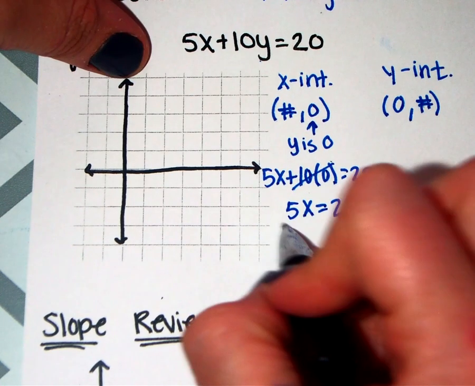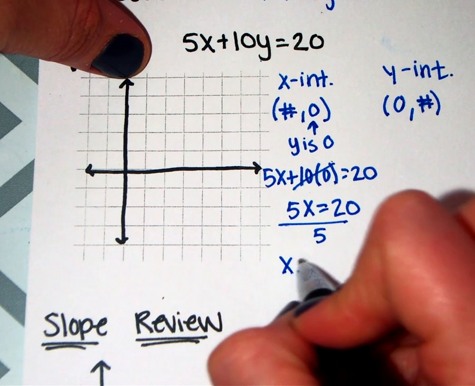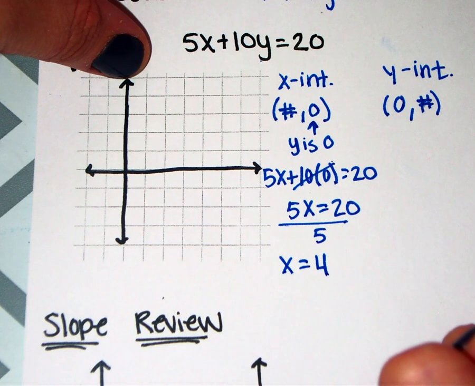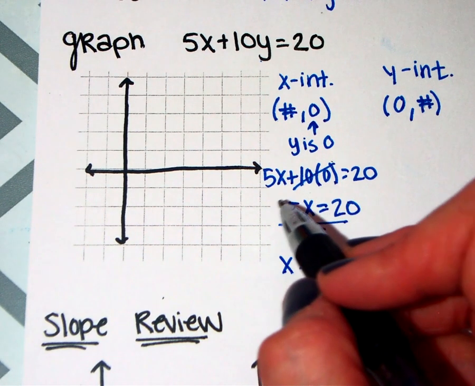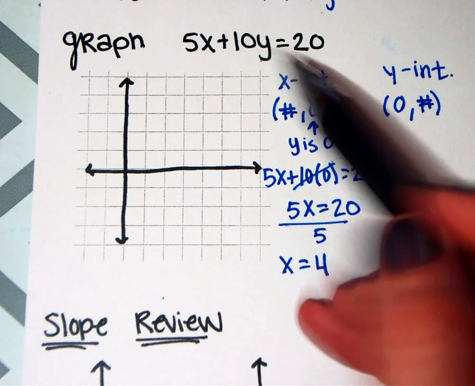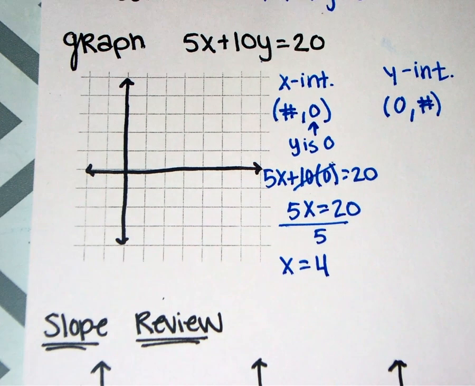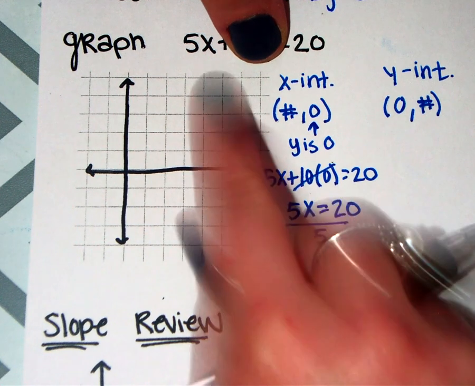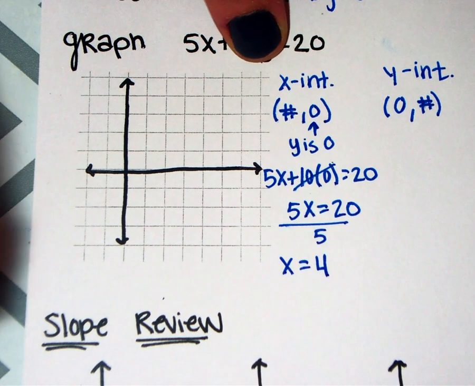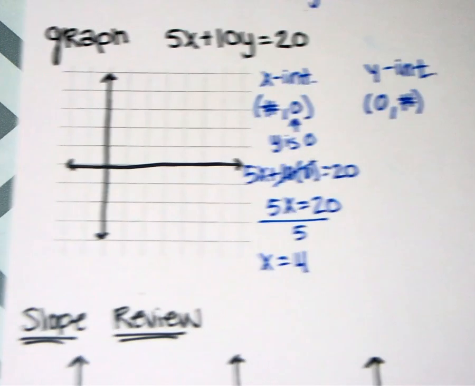I'm going to divide both sides by 5. 20 divided by 5 is 4. Now, you don't have to show this step. You can always just go ahead and cover up the y value. So if you're solving for an x-intercept, cover up y because it's going to cancel anyway. So 5x equals 20.